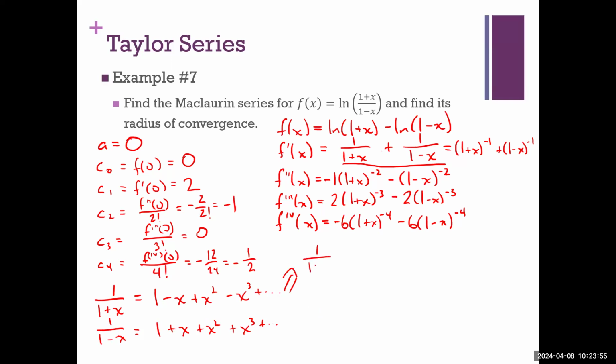So 1 over 1 plus x, and then what are all the other ones? What are all the even powers going to do? They're going to double. So 2 plus 2x squared plus 2x fourth and so on, right?